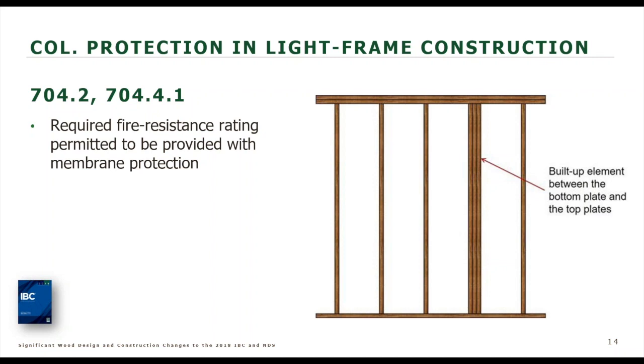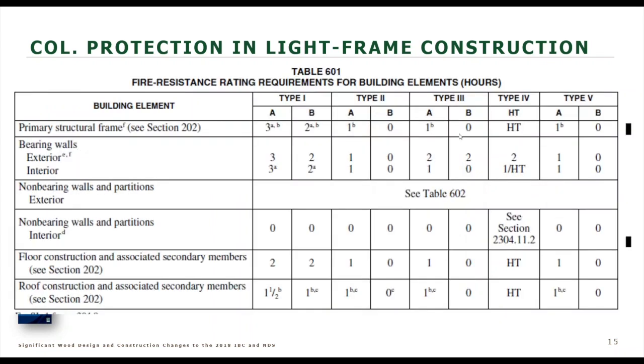And there's a section specifically on columns that states that the individual columns need to be encased. And what I'm talking about here is, say you have a type 3 construction, we have a primary structural framing that requires 1 hour fire resistance rating, for type 5 construction or type 3 construction.